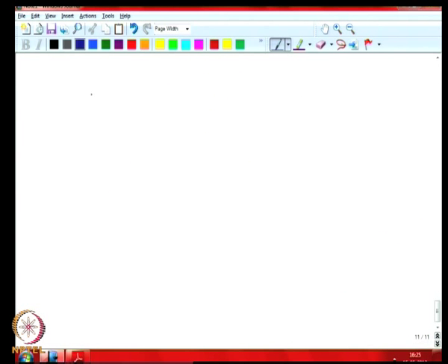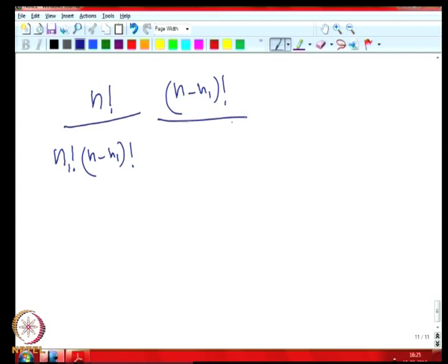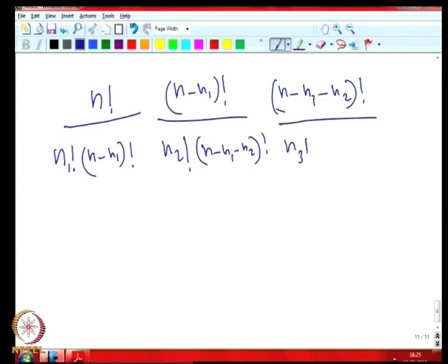When you multiply them out, we can expand this: n factorial by n1 factorial into n minus n1 factorial, into n minus n1 factorial divided by n2 factorial into n minus n1 minus n2 factorial, into n minus n1 minus n2 factorial divided by n3 factorial into n minus n1 minus n2 minus n3 factorial, and so on.